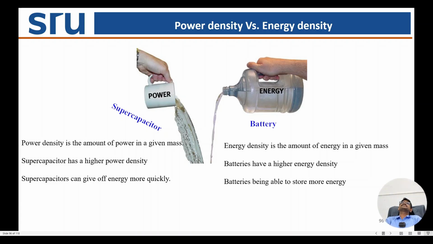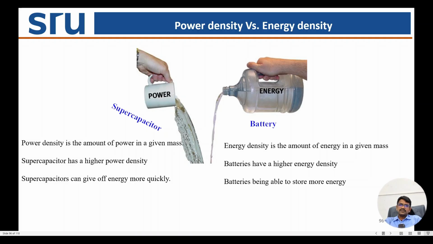For example, if you take a racing car, a racing car requires more power, right? Racing car requires more power because within seconds it demands more energy. So a supercapacitor can deliver energy very quickly, right?